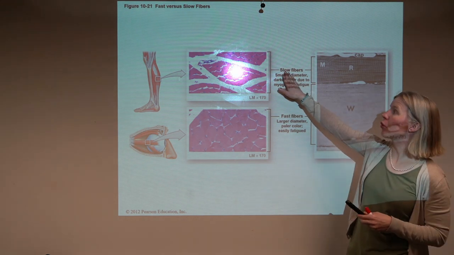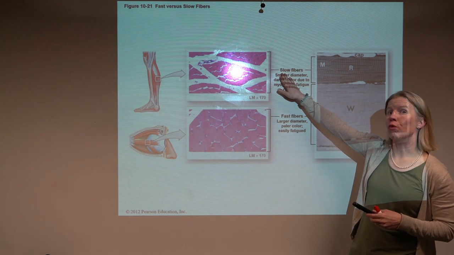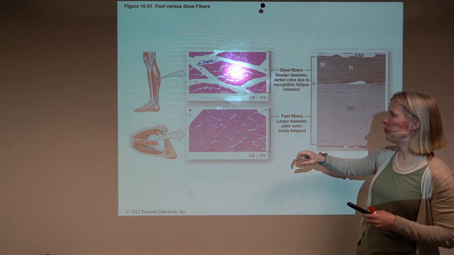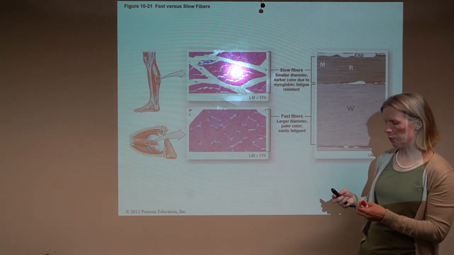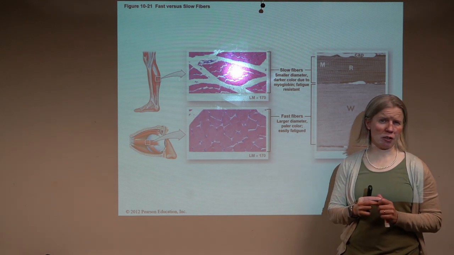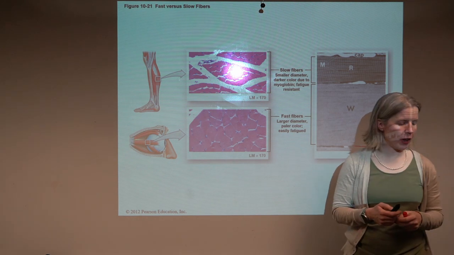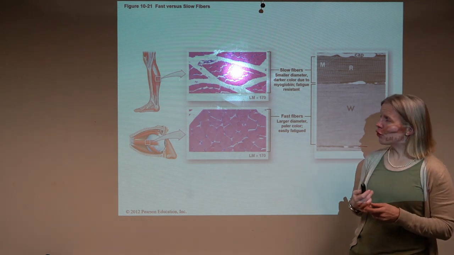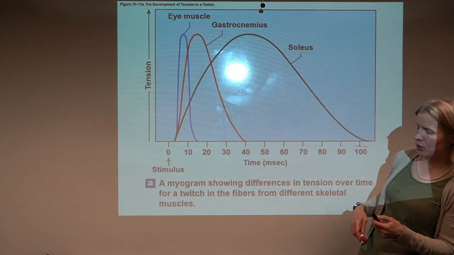We would call those slow twitch fibers, or red muscle, or dark fibers. Fast fibers, right? are often called white fibers, and these are much more easily fatigued, but they can do kind of these bouts of activity. You'll also see people start kind of associating numbers with them as well.